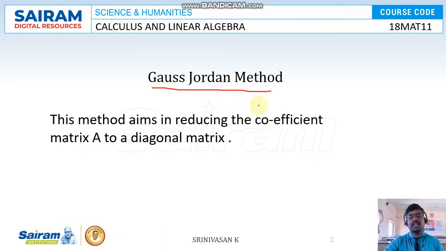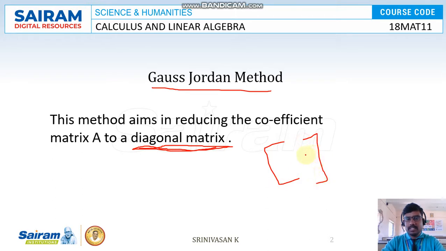So what is the procedure and what is our main aim? The aim of this method is to reduce the coefficient matrix A to a diagonal matrix. A diagonal matrix is both an upper triangular matrix and a lower triangular matrix.